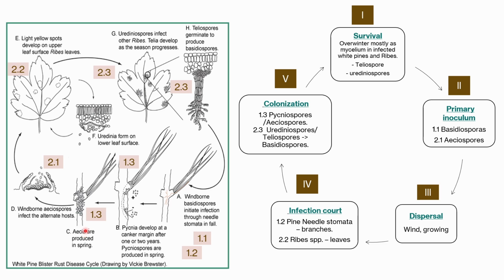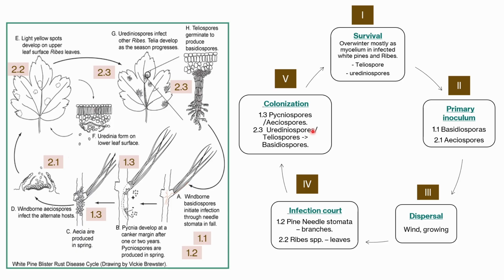These aeciospores are dikaryotic spores produced in the aecia. So until now, I mentioned 3 types of spores: the basidiospores, the pycniospores, and the aeciospores.